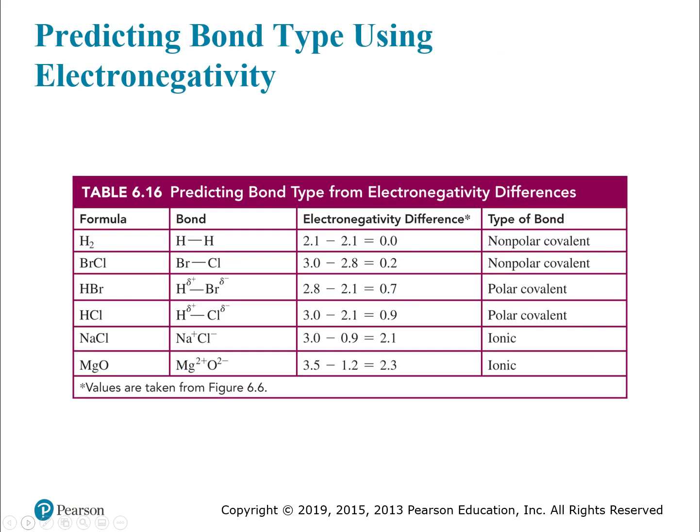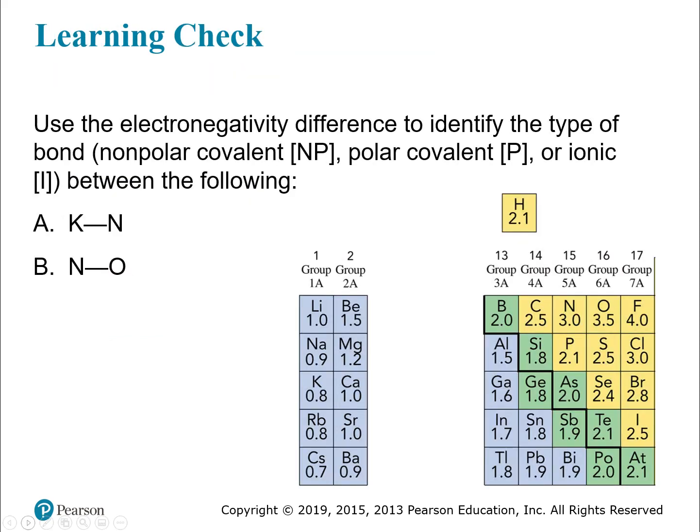We can use the electronegativity chart, calculate the difference, and predict the type of bond. So this table just gives you some examples of doing just that. But we can practice doing it ourselves too.